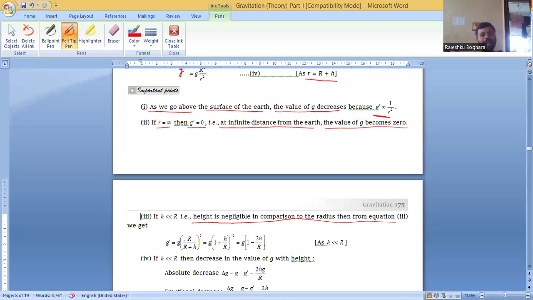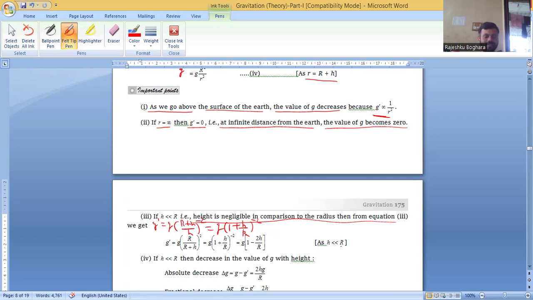Now using the binomial theorem, the second term is 1 minus 2h by R.